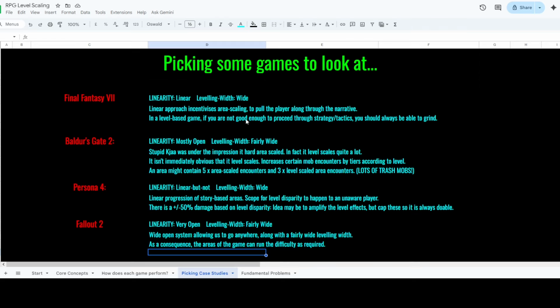And we've already mentioned that on several occasions, some of the bits of Final Fantasy VII, particularly some of these undead areas and so on, dragon fights or whatever in Baldur's Gate 2.